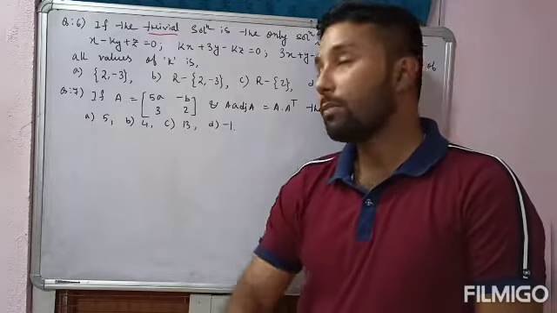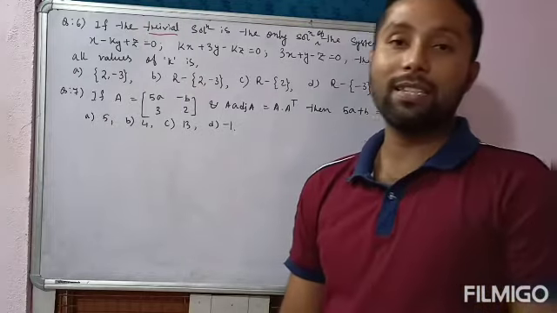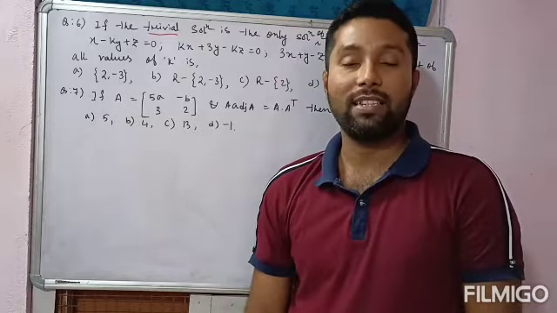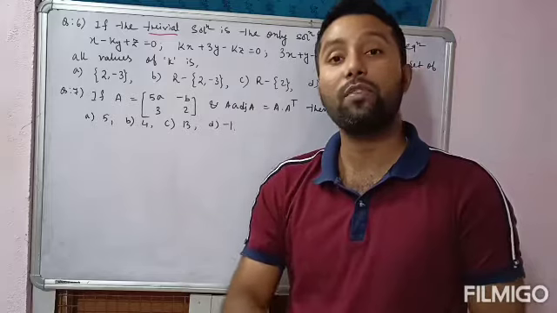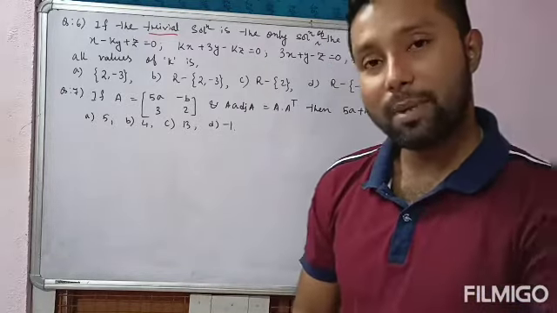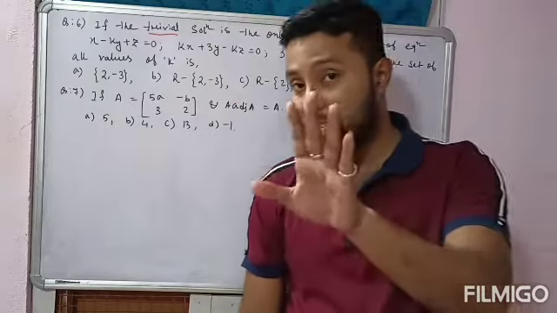Now the meaning is, what is trivial? Trivial means the determinant of that matrix is not equal to 0. Trivial solution means it is just like singular, non-singular. What is a singular matrix? If the determinant of A is equal to 0, then it is called a singular matrix.